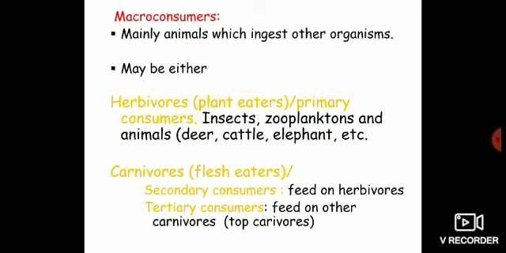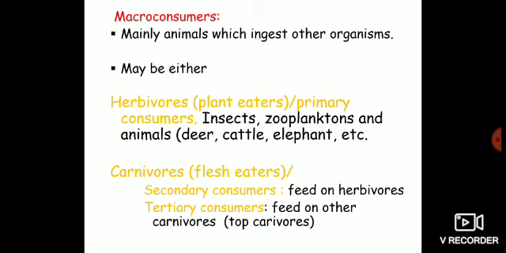You have the heterotrophic component, also known as consumers, and the consumers are themselves divided into two categories: macro consumers, and this category includes animals which ingest other organisms. Okay, and they may be either herbivores, that means those consumers which are plant eaters, also known as primary consumers.